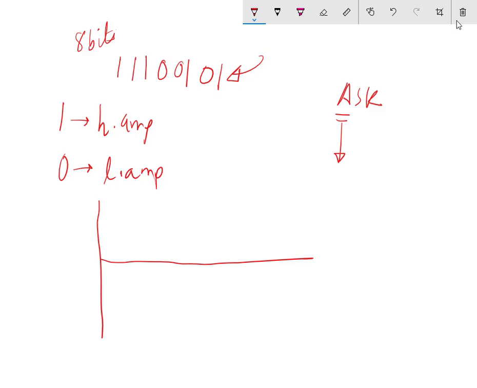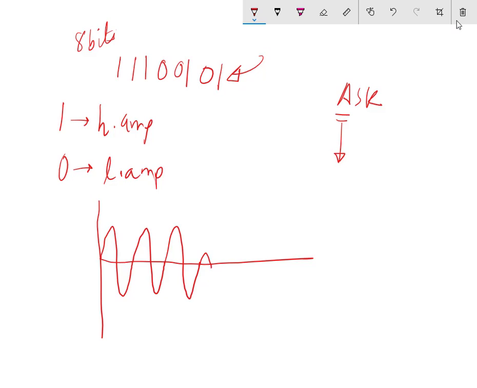So we will have the analog signal at high amplitude when the bit is 1 and low amplitude when the bit is 0. For the first 3 bits it is 1, so we will have a high amplitude for these. Let's say 1 cycle means 1 bit. So this is the first one, this is the second one, this is the third one. Then I have 2 zeros, so I need to have low amplitudes.